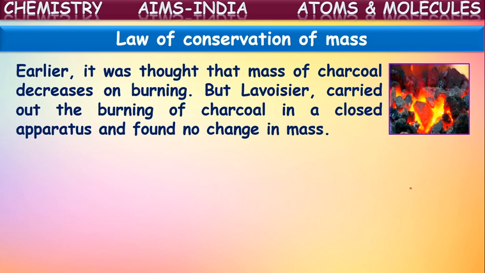So we have to collect those gases also. These all come under products. Along with the ash, gases like carbon dioxide, water vapor, and some other gases are produced. If you calculate the mass of all these substances, it will be exactly equal to the mass of the charcoal and the gas combined with it.